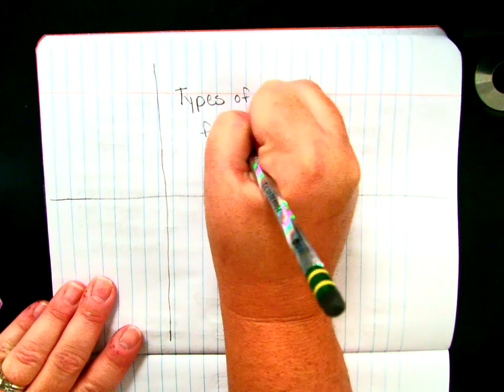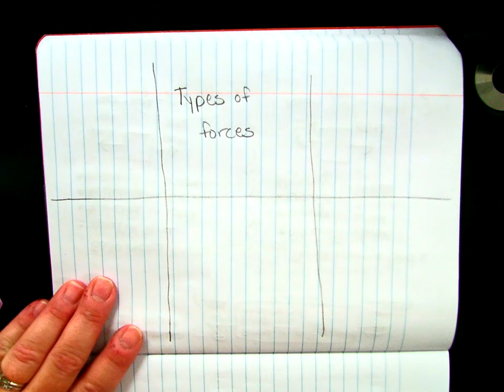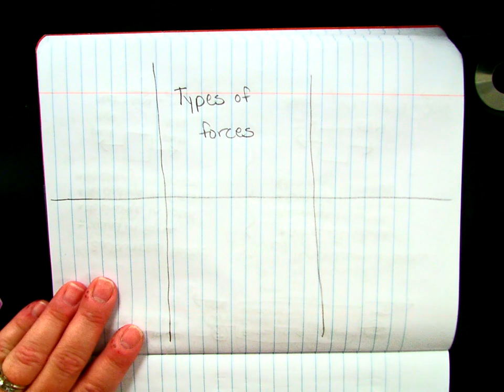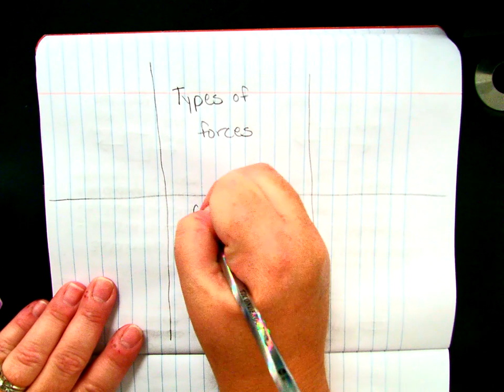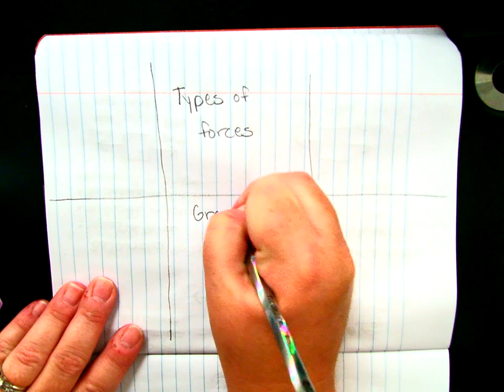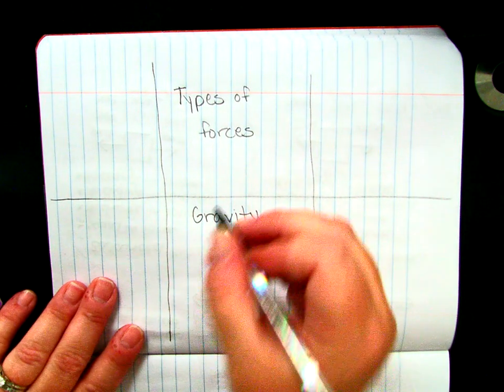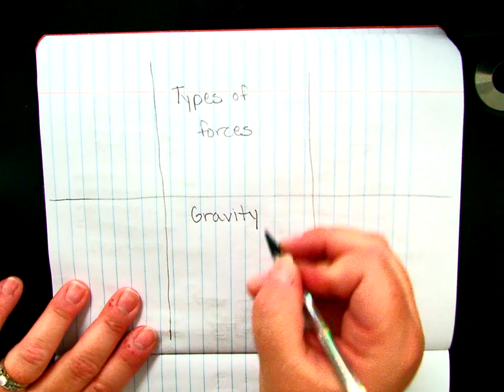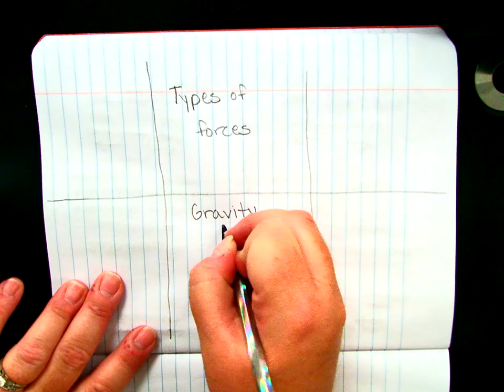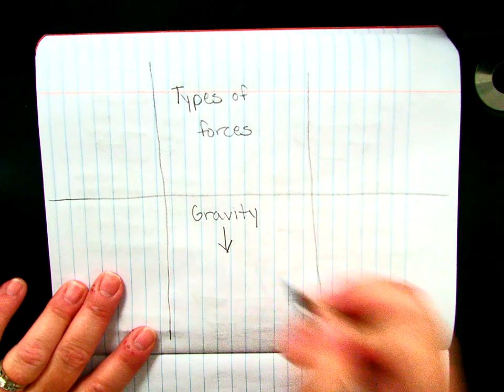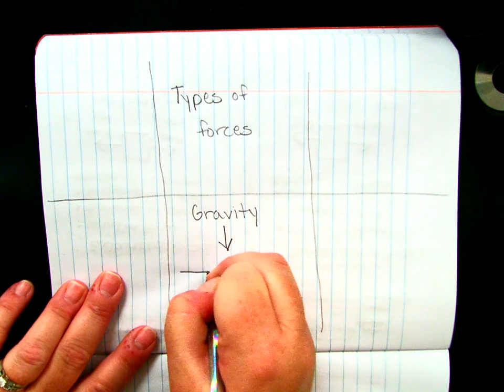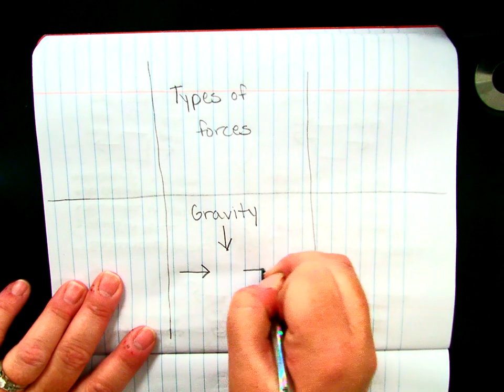And let's start with the easy one, gravity. And I like to do this with drawing notes. So gravity is going to pull everything to the center of the earth or towards other objects.